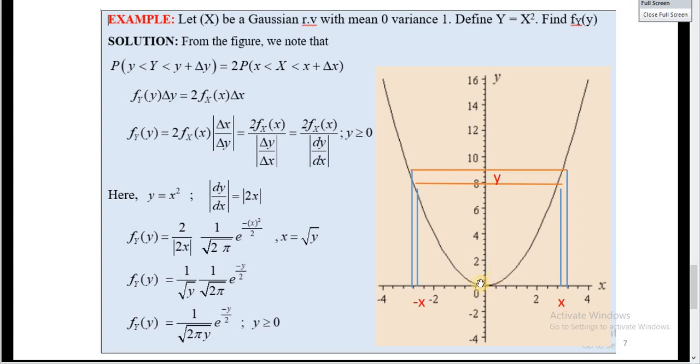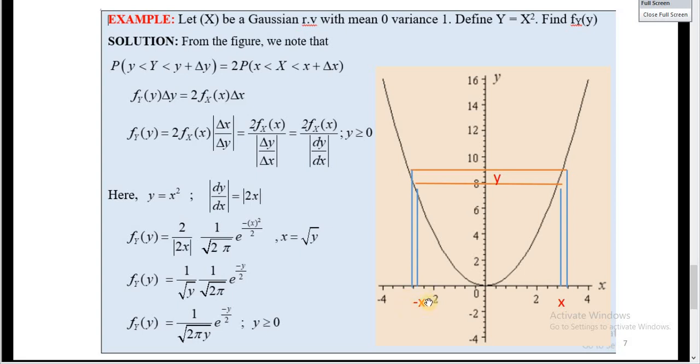Now let's see the same result. The probability that y falls within this differential length delta y is the same as the probability that x falls within this differential length delta x for the positive part, plus the probability that x falls within this negative part.